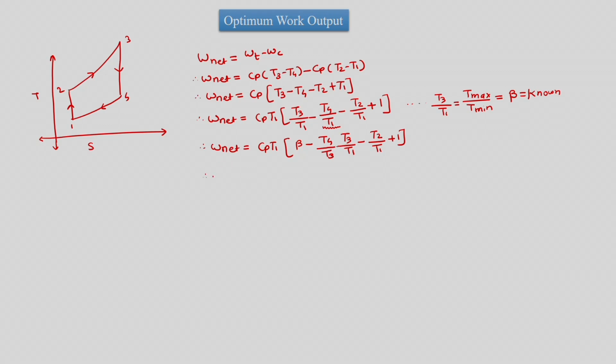Using this we can get W net is equal to Cp T1 into beta minus T4 by T3. From the isentropic relation, it is Rp raised to minus gamma minus 1 upon gamma, and T3 by T1 is beta. So minus T2 by T1, we know from isentropic relation, it is Rp raised to gamma minus 1 upon gamma.